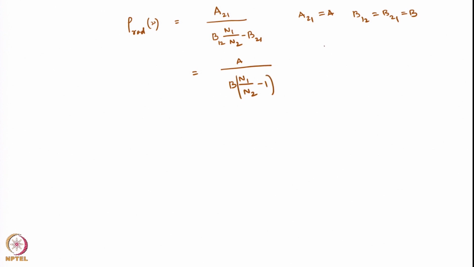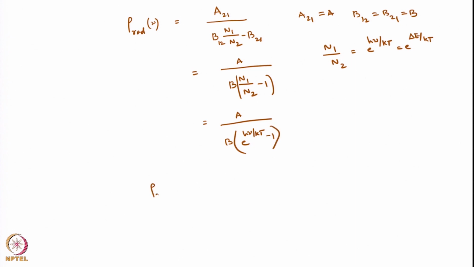Now, N1 by N2 is given by the Boltzmann population, which is equal to e to the power of h nu by kT. This is the same as e to the power of delta E by kT. So this turns out to be A divided by P into e to the power of h nu by kT minus 1.